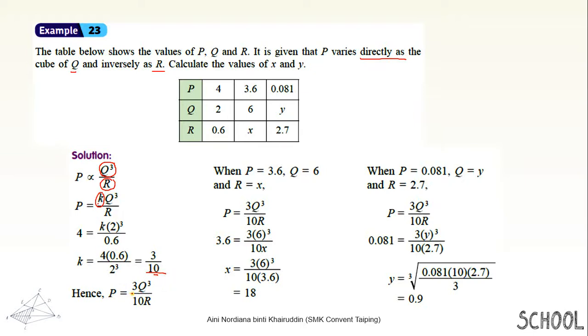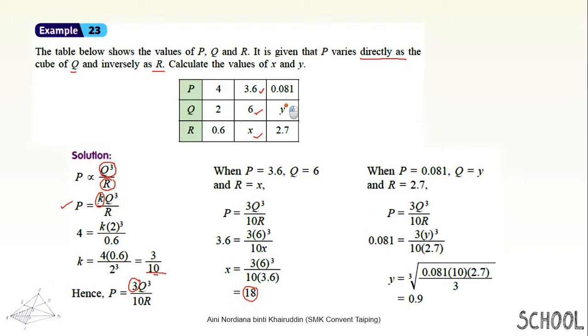Next, substitute back the value of k into this formula. Next, when P equals 3.6, Q equals 6, R equals x, then you substitute into the formula, and finally you get the value of x here.